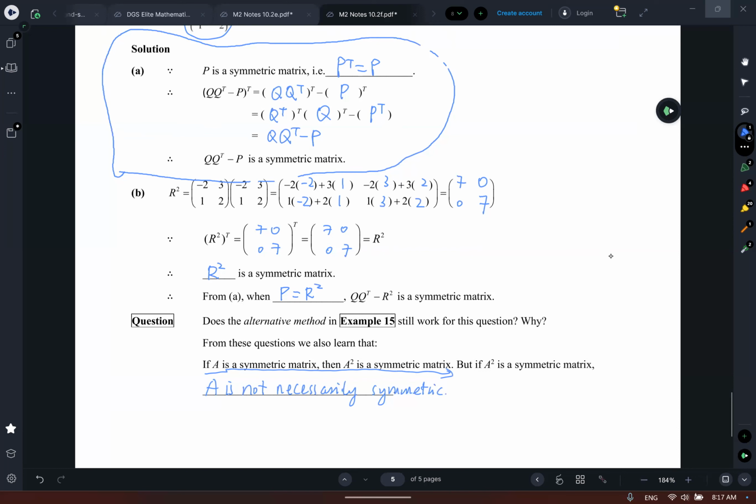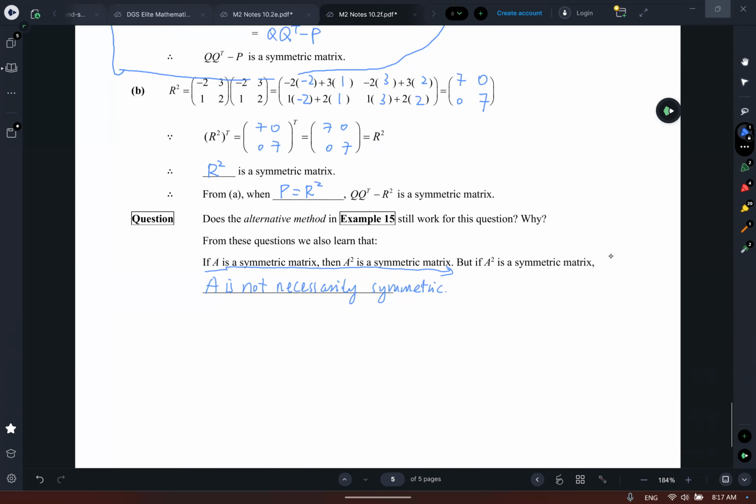To understand this feature about a matrix, you may use something like this as a comparison: 6 is not a multiple of 9, right? But 6 squared is. In other words, just because 6 squared is a multiple of 9 doesn't mean 6 is a multiple of 9.